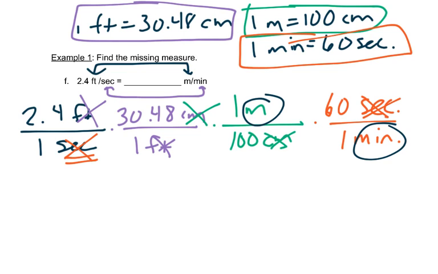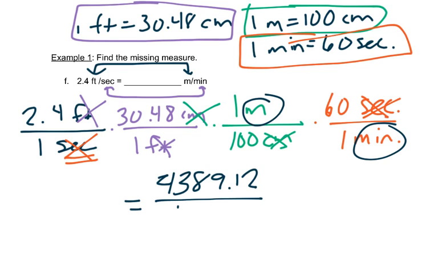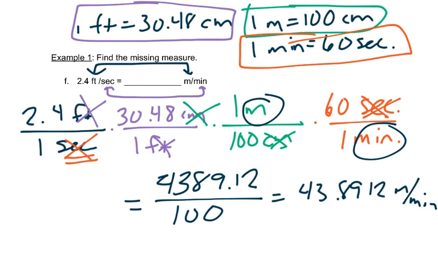2.4 times 30.48 times 60, and we get 4,389.12. 1 times 1 times 100 times 1 is 100. So we'll divide that number on top by 100, and we get 43.8912, and it's meters per minute.